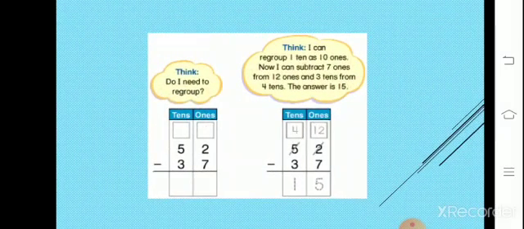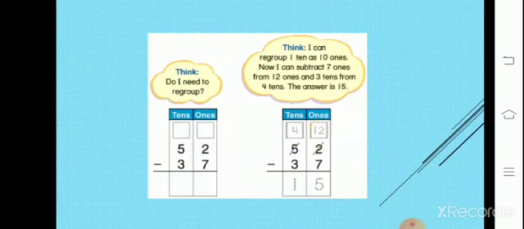Another example. Again, start from ones. You cannot subtract 7 from 2. So you carry one number from here, and this must be 4, and this is not 2 anymore. This is 12 now. Why 12?